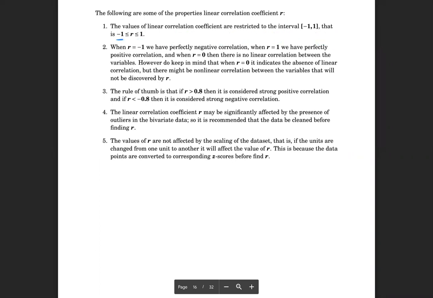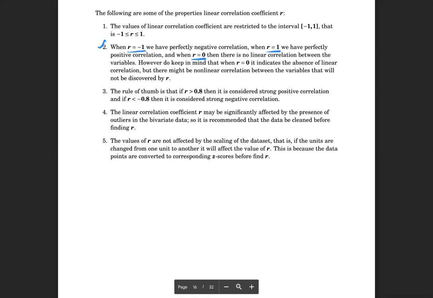Number 2, R equal to -1 means perfect negative correlation, and R equal to +1 means perfect positive correlation. R equal to 0 means no linear correlation between the variables.